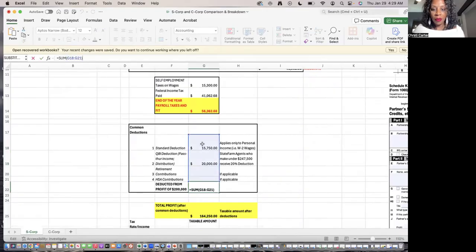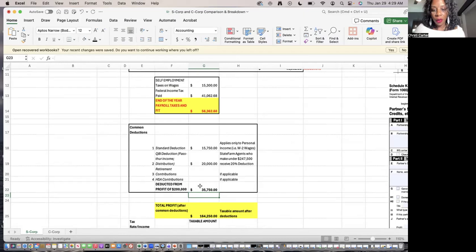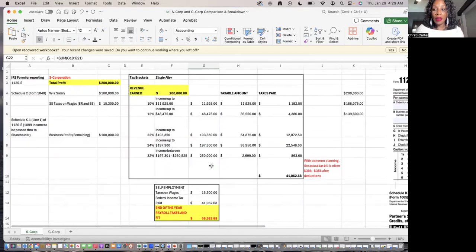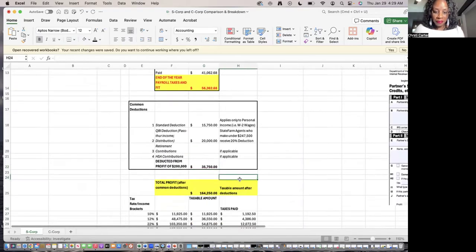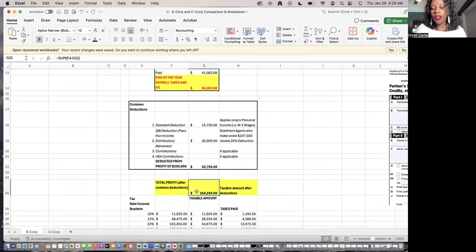So this is 15,750 plus 20,000 equals 35,750. This 35,750 is going to be deducted off of the $200,000. And so now that $200,000 is going to go down to 164,250. This is the taxable amount after all of the deductions.